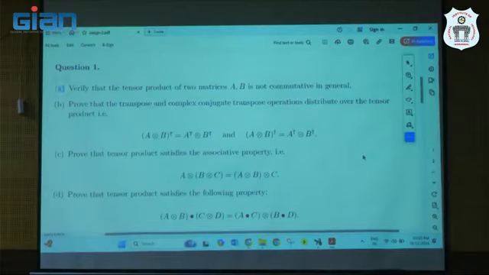Now, remember that we were trying to verify various properties, that maybe the product of matrices may not commute, A times B may not be equal to B times A. We can try to do that by some example.